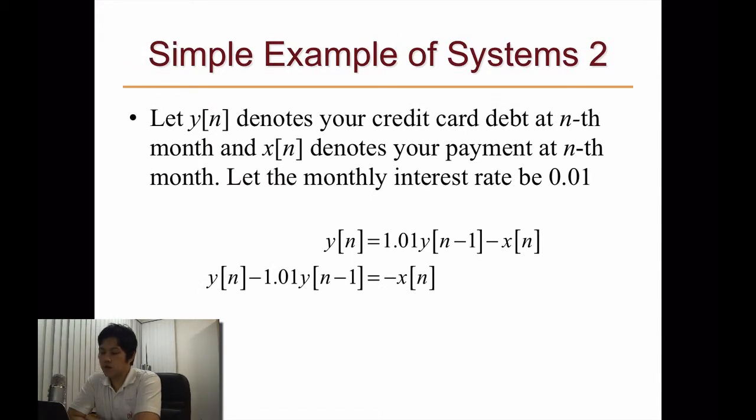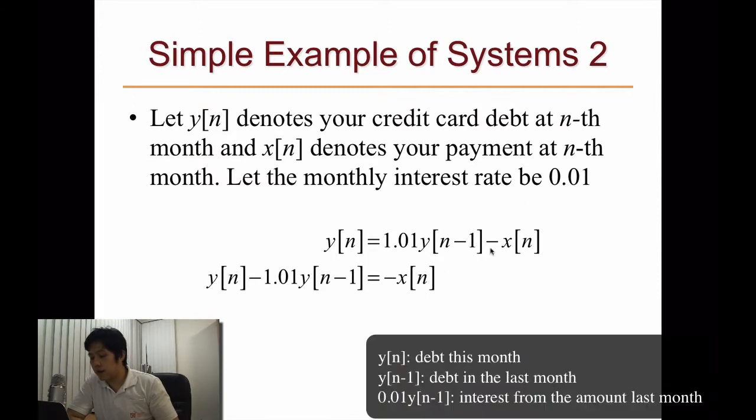You can also describe relationship with something like this. That is, suppose that you have y[n] as a credit card debt at the end of the month, and x[n] denotes your payment at the end of the month. Then suppose that there is a monthly interest rate equal to 1%. Then you can write an equation like this.